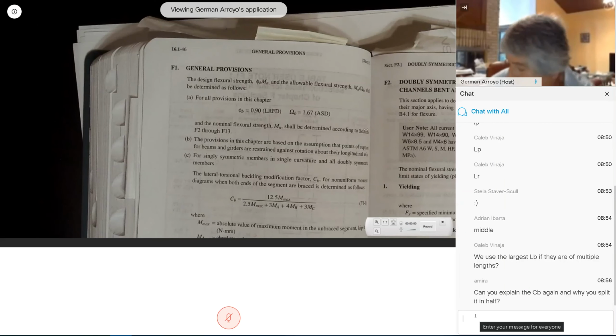Look, the live load given is 20K. The type of steel, 50 KSI. And this is the most important piece of information. Lateral support at ends only.